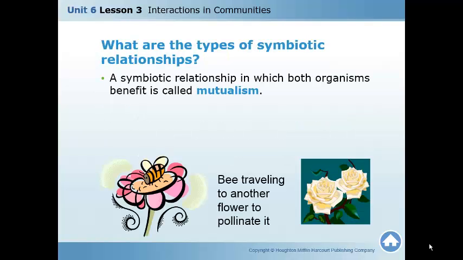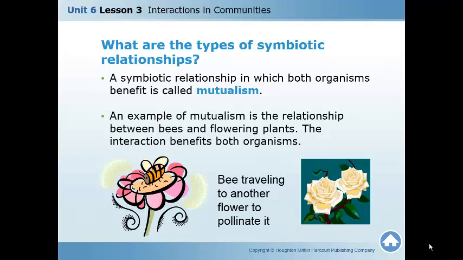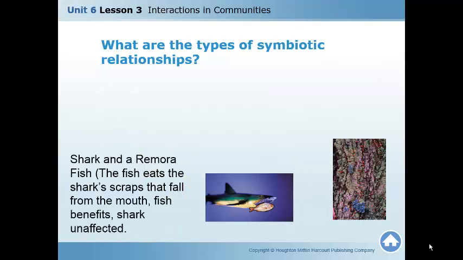A symbiotic relationship where two things benefit is called mutualism. Both of them have a plus. So a bee travels to a flower, and the flower gets pollinated, and the bee gets to have the nectar. So it's a win-win situation. The bee wins and the flower wins.